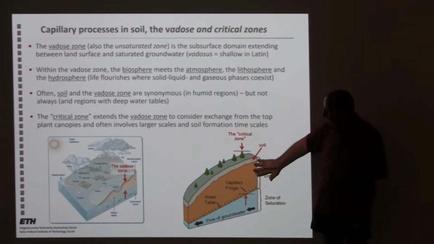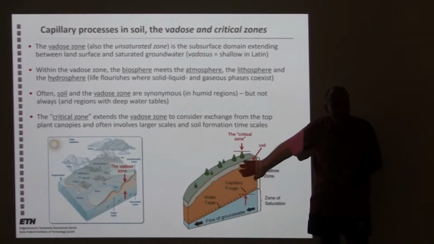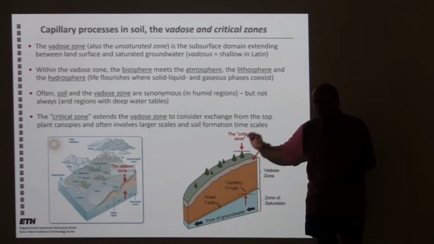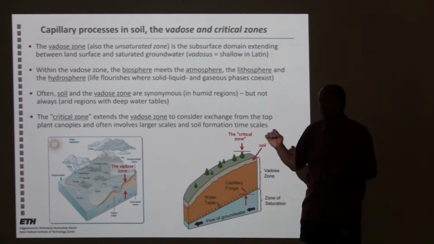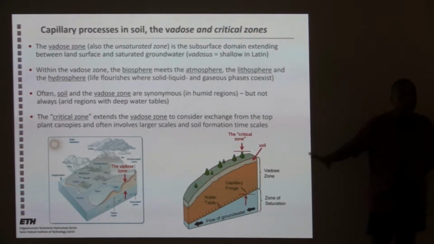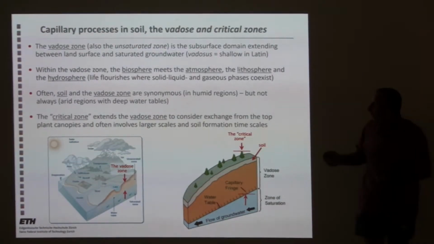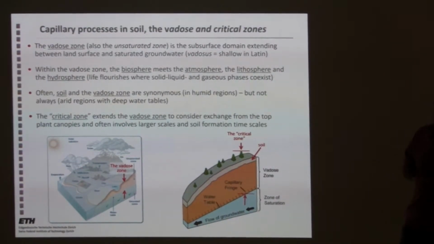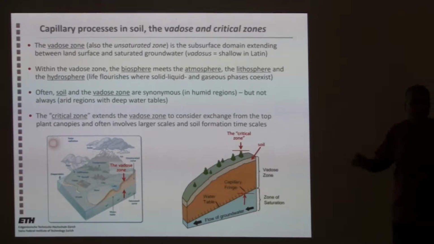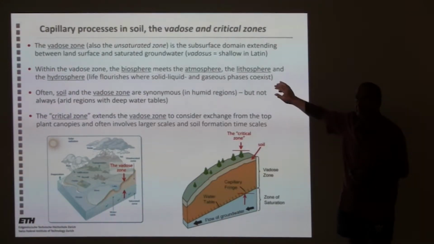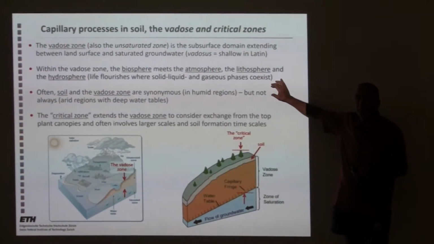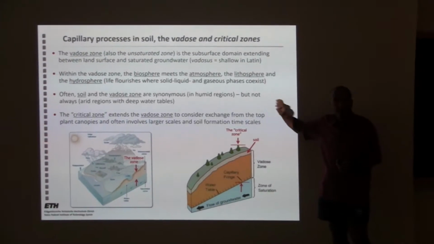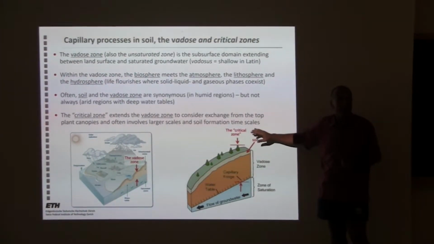But now that we clarified it, we all talk about the zone in which we have coexistence of gas, liquid, and solids in the subsurface. The importance of this coexistence cannot be understated, because that gives rise to a very unique compartment of the biosphere in which life is simply exploding or flourishing.